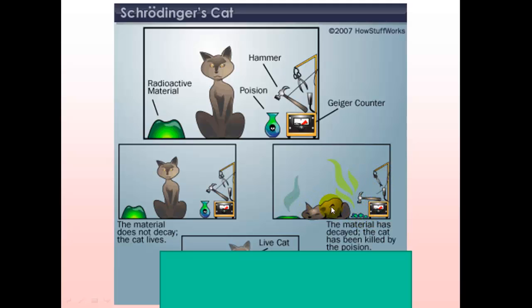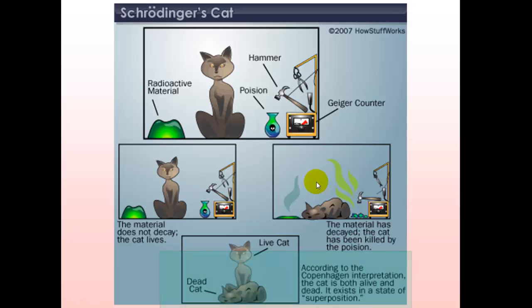So we have this indeterminate state of being both alive and dead at the same time. So which one is it? Well, according to Schrodinger, the cat is both alive and dead. This probability function can only be collapsed when we open the box and actually see if the cat is alive or dead.